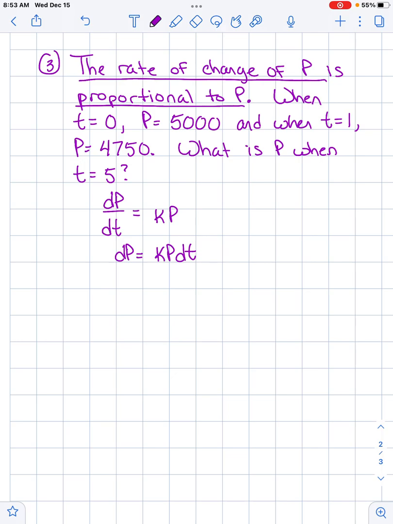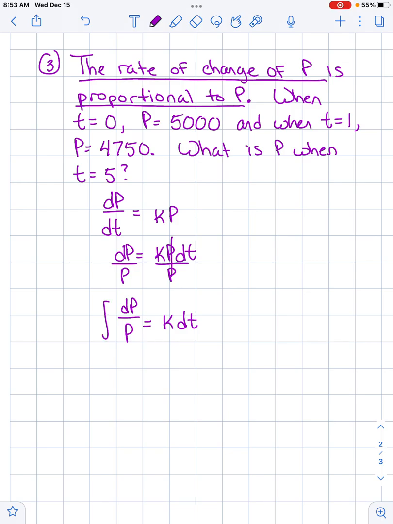Now I know that the t's are going to be on the right and the P's on the left. So I need to move this P over to the left-hand side. I'm going to keep k where it is because I'd rather not have more values in the fraction than I need. So I'm just going to divide both sides by P. So now I've got dP over P equals k times dt. Remember, k is just a constant.